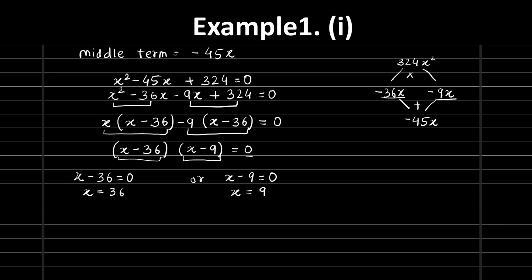Now what did we assume as the value of X? X was the number of marbles that John has, right? So we will have two cases depending upon the values of X that we got. Case 1 is when John has X equal to 36 marbles.